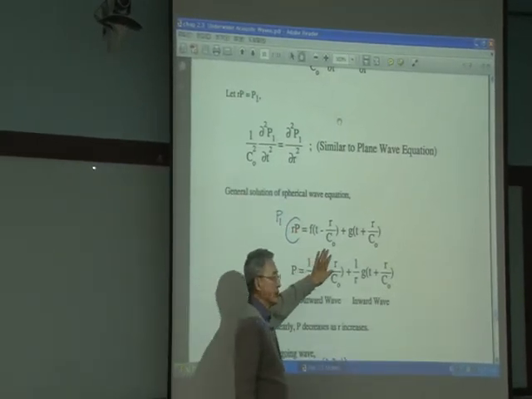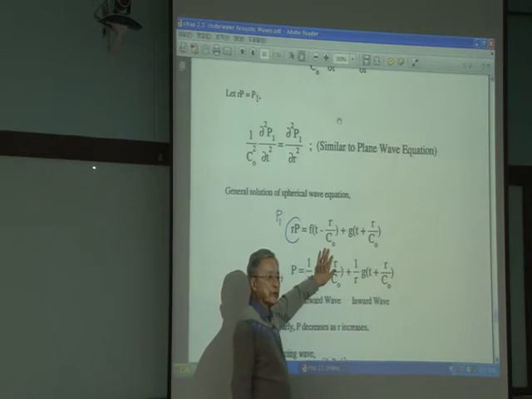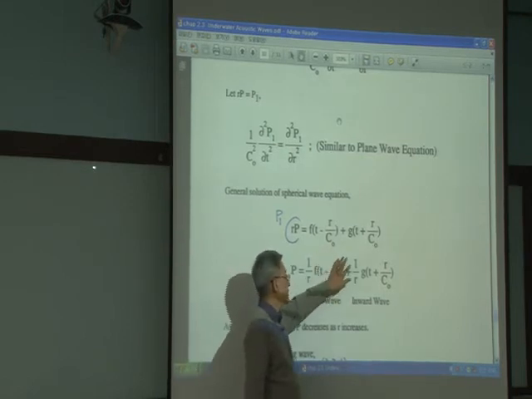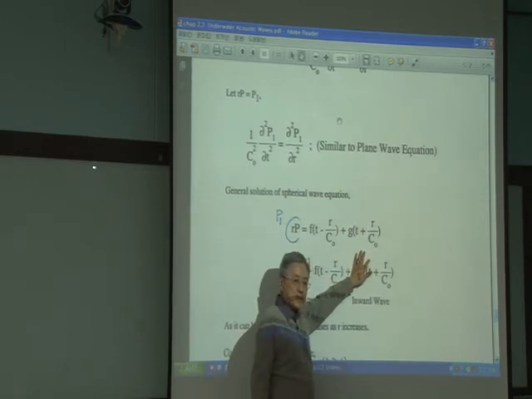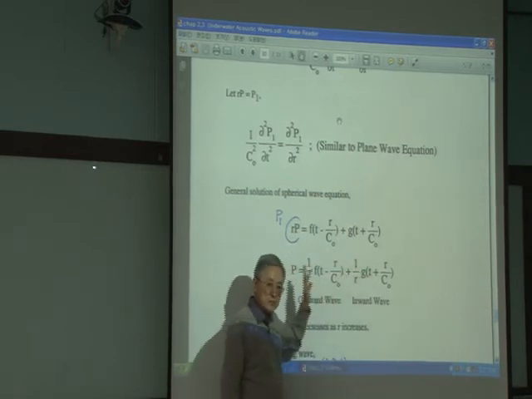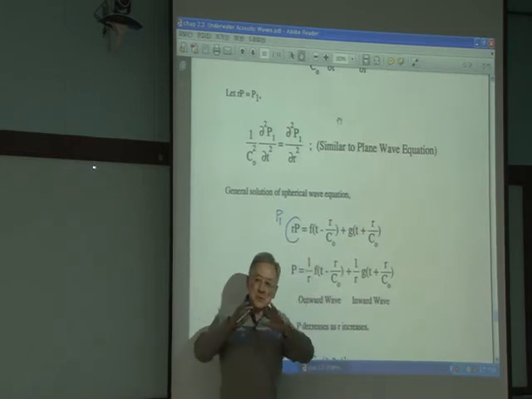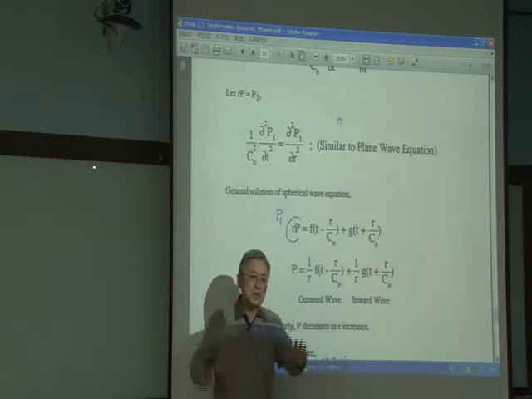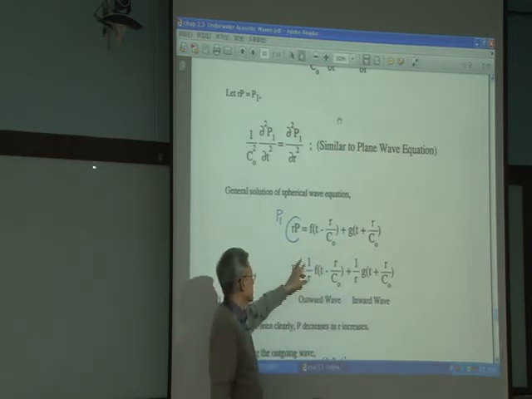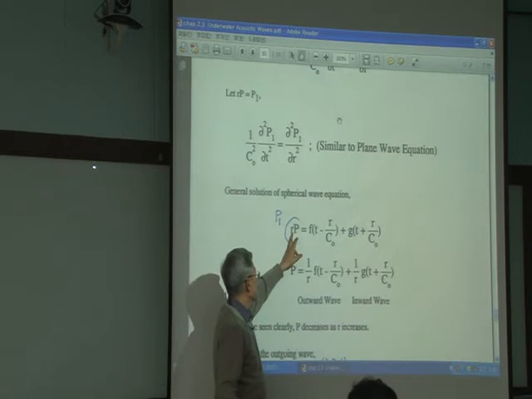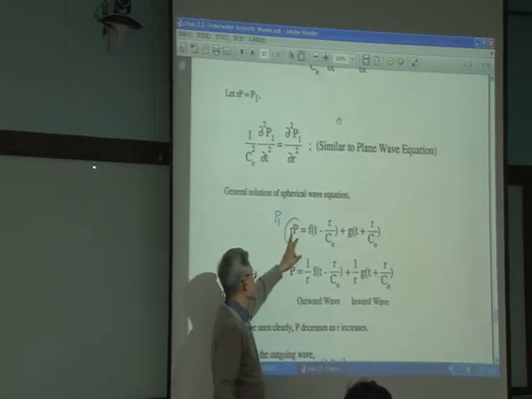For the plane wave equation, the first term was forward traveling, the second backward traveling. But in this case, I put P1 to RP. Now the propagation of the wave is in the radial direction.